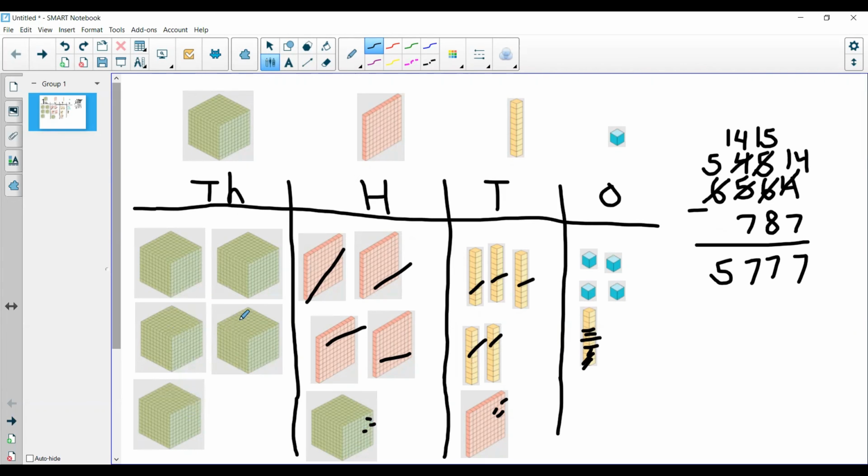So in the end, for the base 10 blocks, I'm going to see that I have 5 in my thousands, which is the same for the equation here. 7 in the hundreds, which is the same for the equation. 7 in the tens, and 7 in the ones. And this is how you do 4-digit subtraction with regrouping.